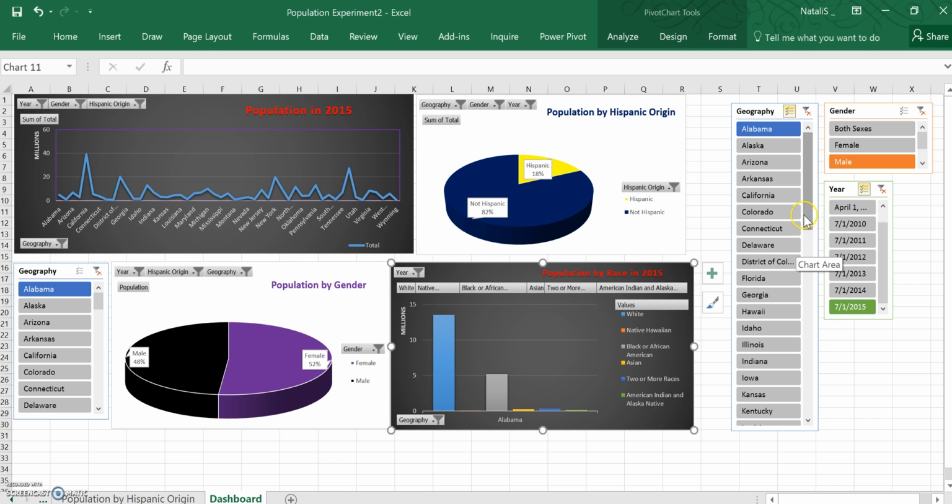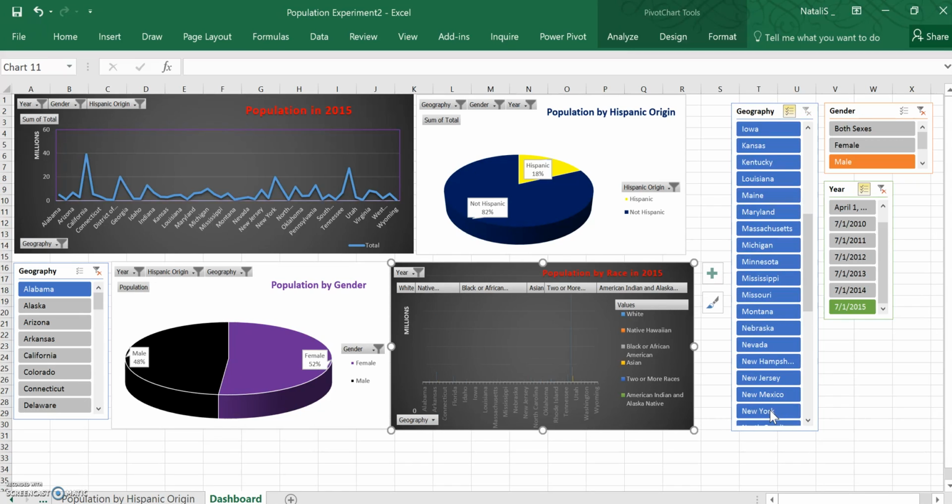Let's see what's going on in Mississippi. I see that there is a bigger percent of Black or African American, and very few of Asian, American Indian, and Alaska Native. This is pretty interesting too.